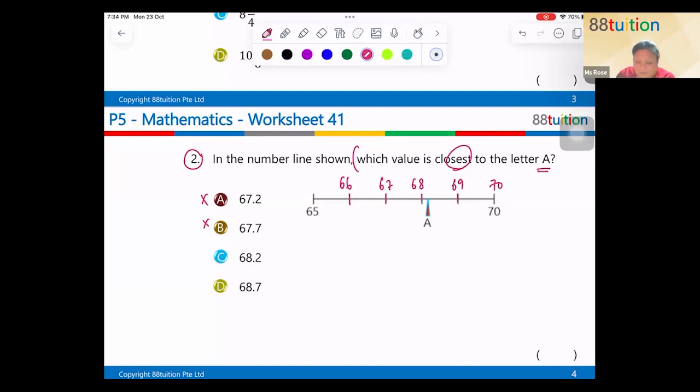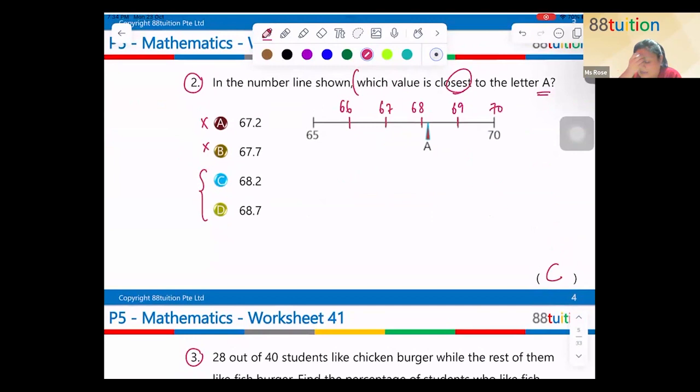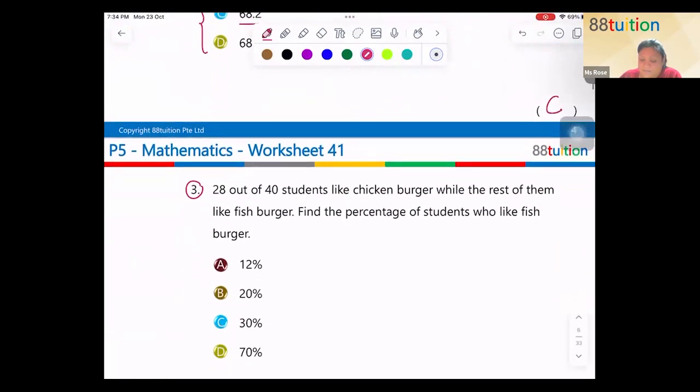So the only two possible answers are C and D. Because A is closer to 68 than 69, the answer is 68.2, which is C.